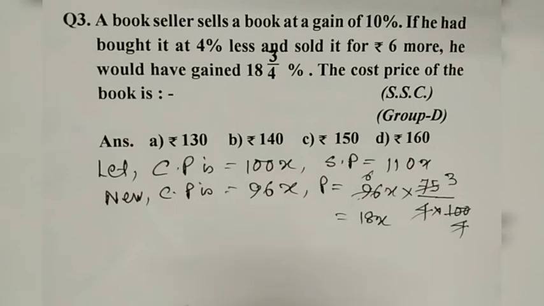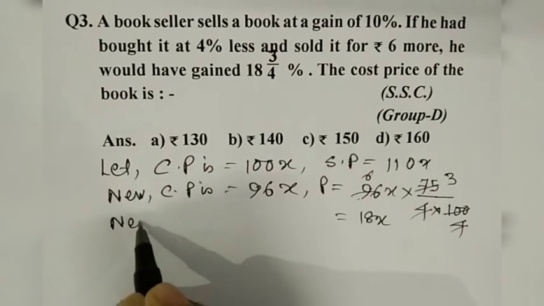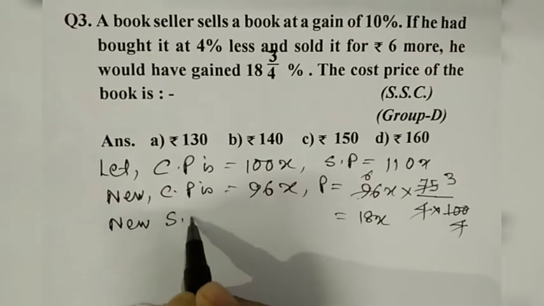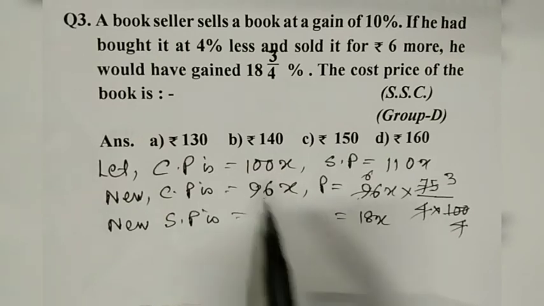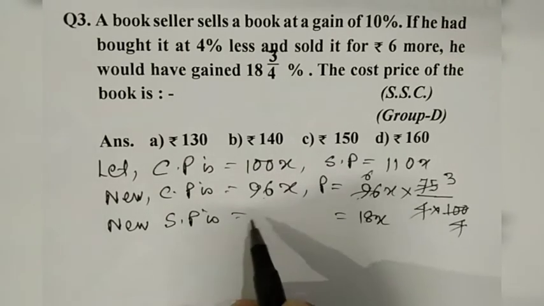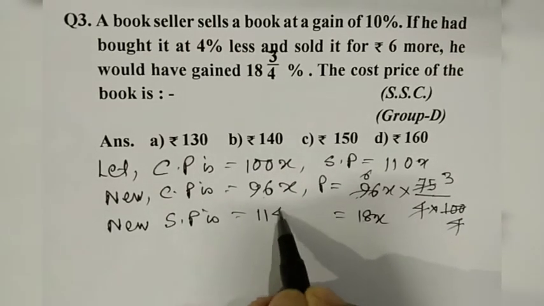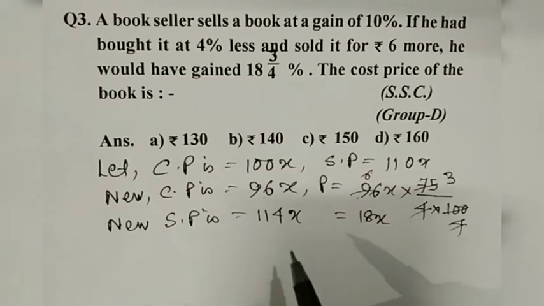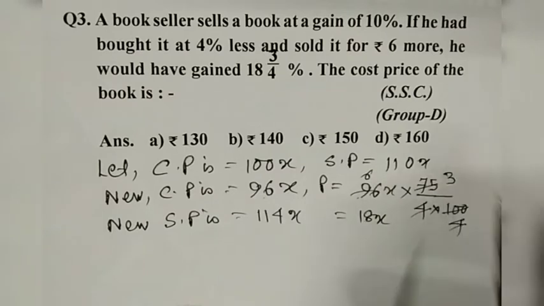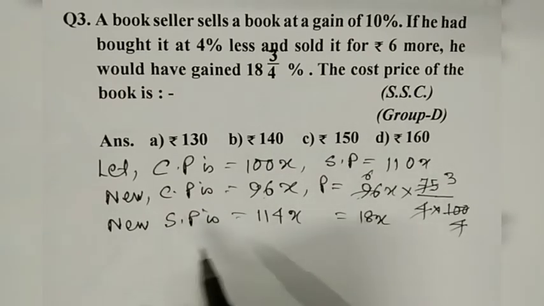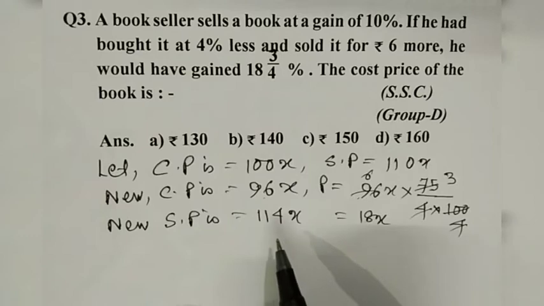Okay. Then new SP is 96x plus 18x equal to 114x. Okay. Old SP is 110x and new SP is 114x.